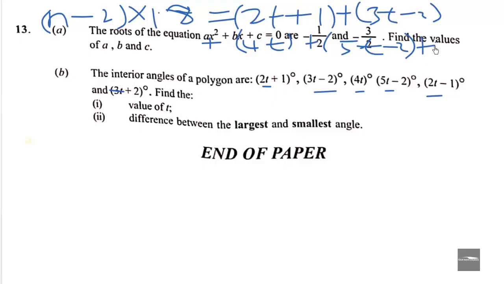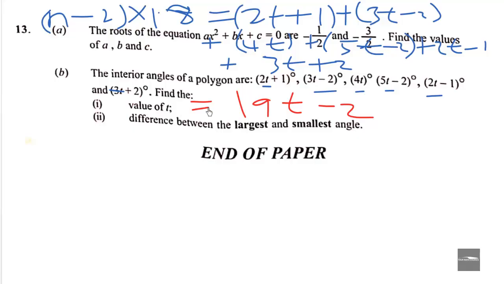Then you add it to 2t minus 1. And you add it to 3t plus 2. So when you add all, what are you getting? We are getting 19t minus 2 is equal to 6 minus 2, which gives us 4.